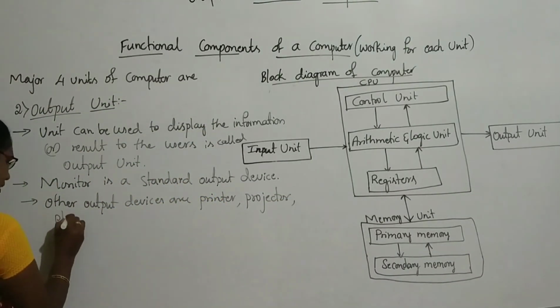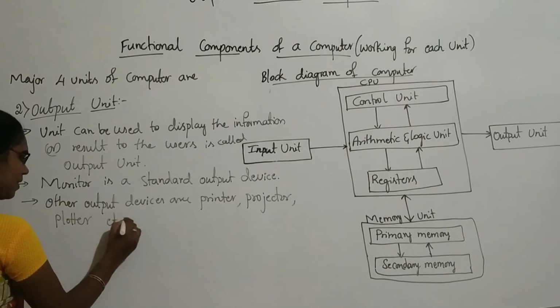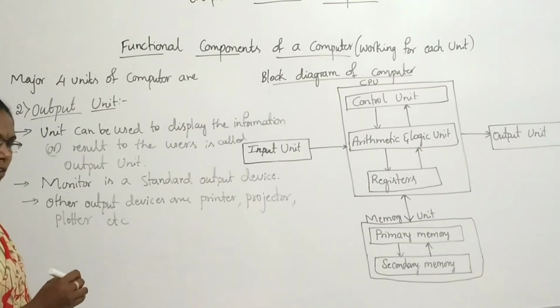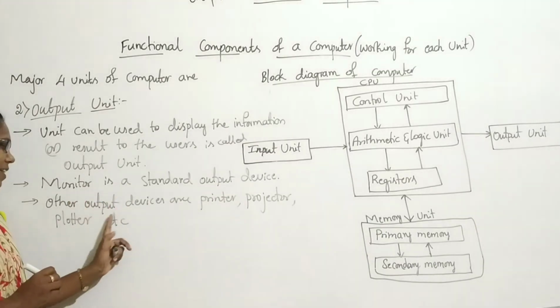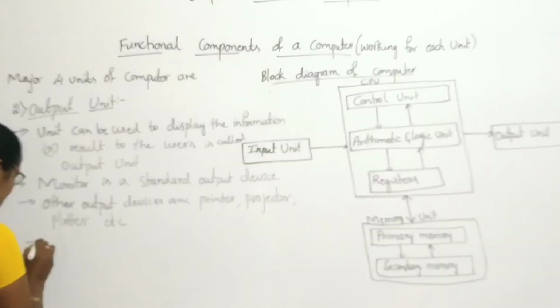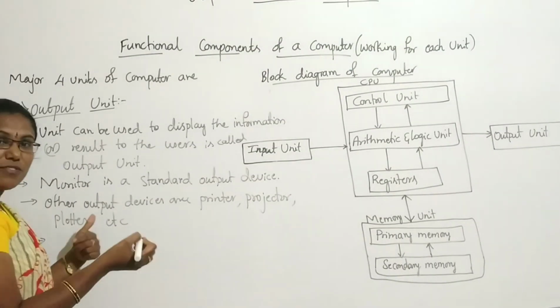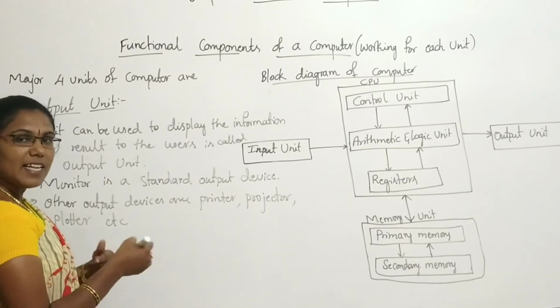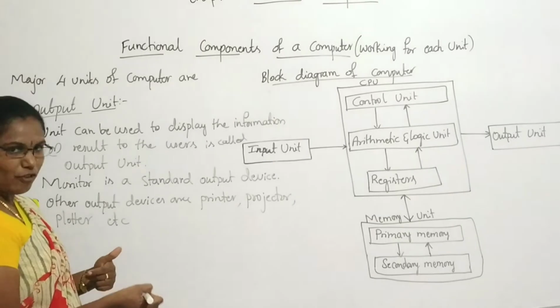Plotter is also an output device, etc. Speaker. We take a speaker as an output device. So, monitor is a standard output device. Other output devices are printer, projector, plotter, etc. So, these output devices receive the information from the CPU and translate that information into user understandable format.